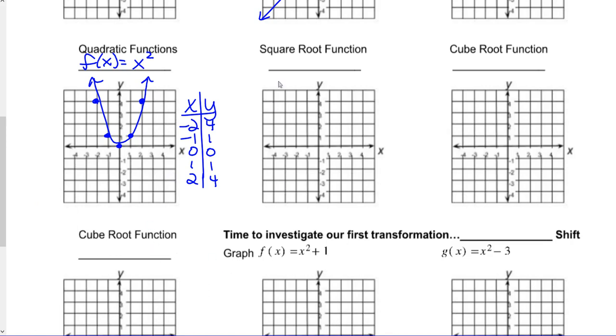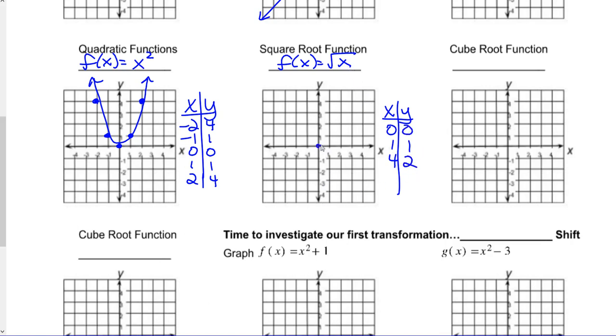For our square root function, f of x is equal to the square root of x. And I apologize that the first page is just basically here's what we have. The values that I want you to throw in for your square root function are 0, 1, and 4, because when I throw those in, I get nice whole numbers out when I take the square root of each one.